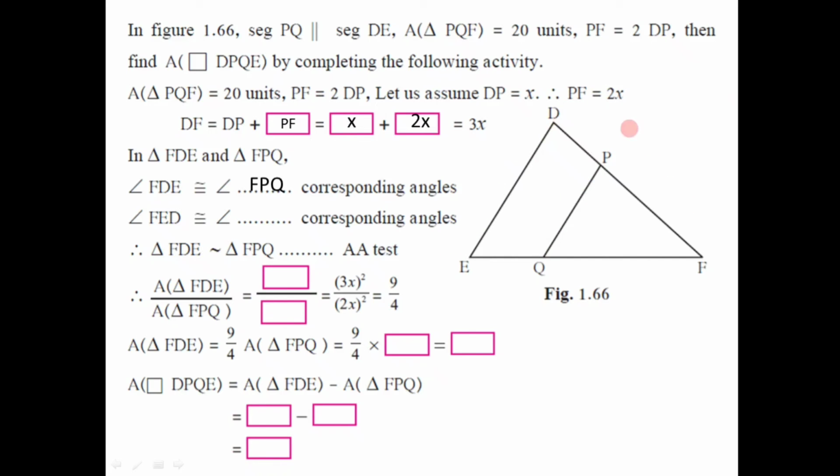As these two lines are parallel, and DF is the transversal, these two angles are corresponding angles. And we know that if two lines are parallel, then the corresponding angles are congruent.